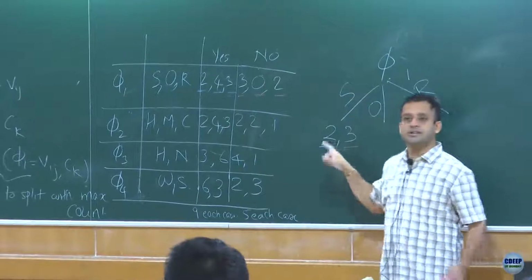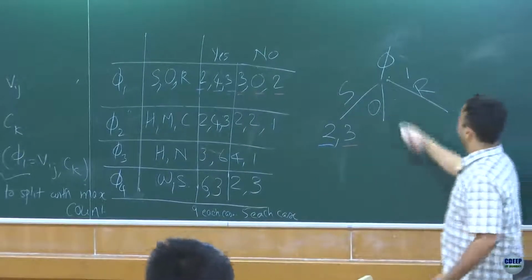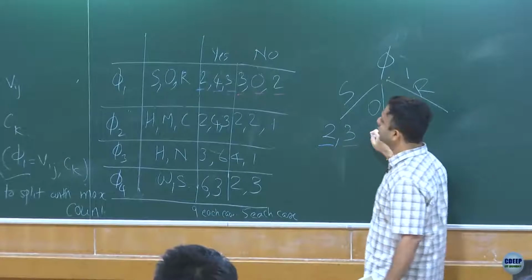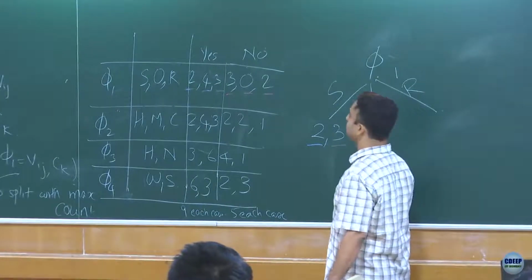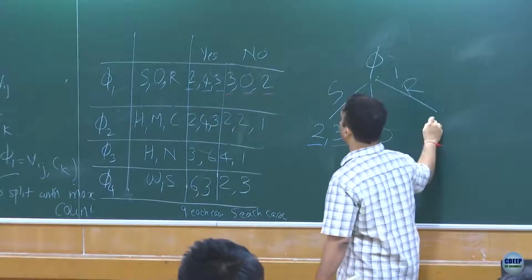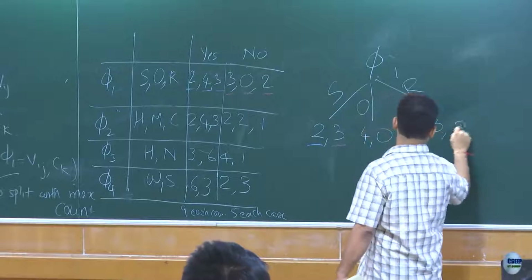Is that clear? With O it would have been 4, 0. R would have been 3, 2.